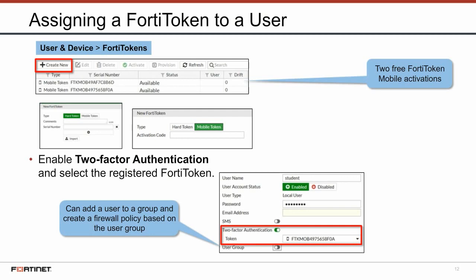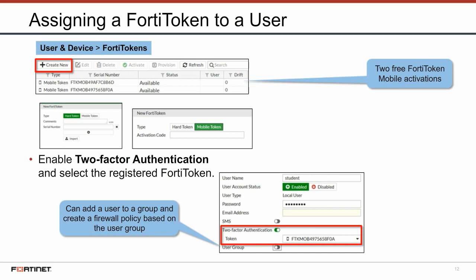You cannot register the same FortiToken on more than one FortiGate. If you want to use the same FortiToken for authentication on multiple FortiGate devices, you must use a central validation server such as FortiAuthenticator. In that case, FortiTokens are registered and assigned to users on FortiAuthenticator, and FortiGate uses FortiAuthenticator as its validation server.